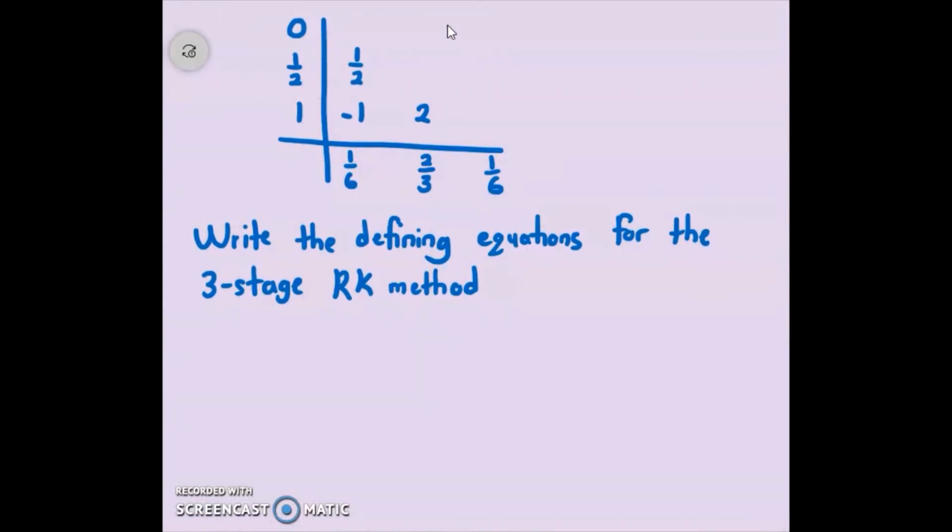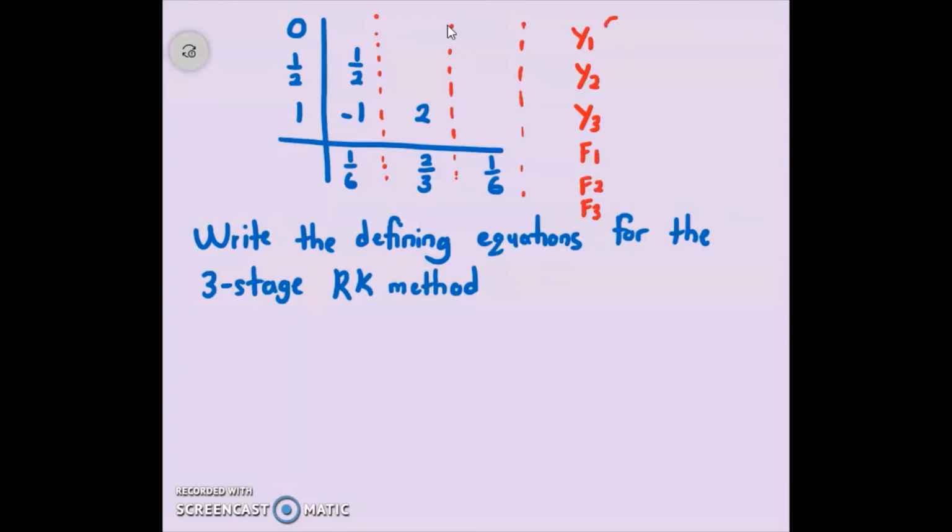Like I said, we have 3 stages here. What does it mean by 3 stages? 3 stages means I will have y1, y2, y3. This also makes f1, f2, f3.